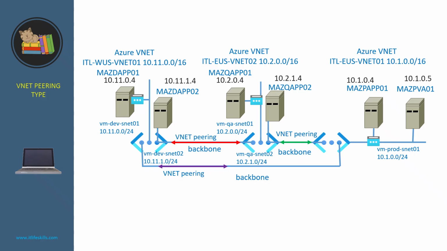However, the VNet ITL-WUS-VNet01 is in a different location, West US. When we configure VNet peering between two VNets in the same region, we call it regional VNet peering. And when we configure VNet peering between two VNets in different regions, we call it global VNet peering.